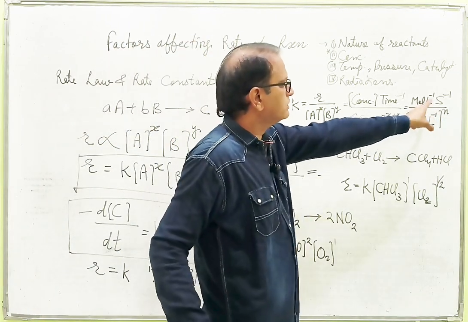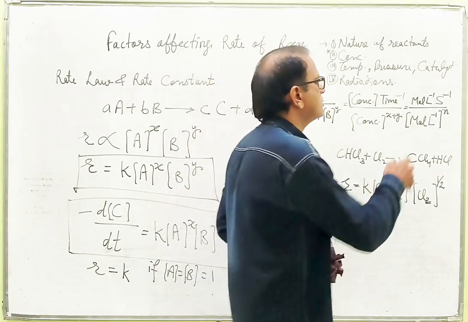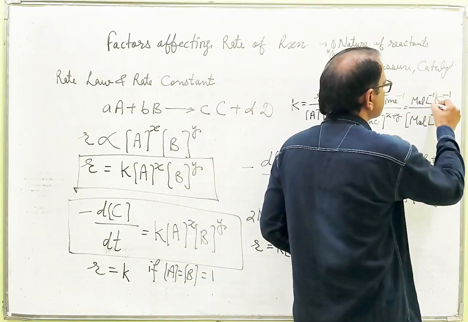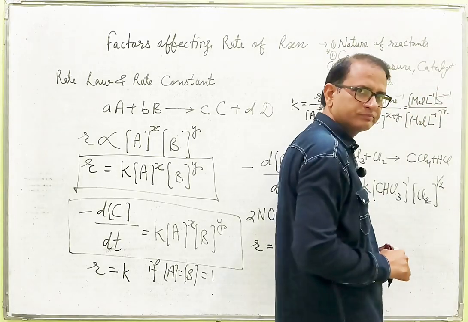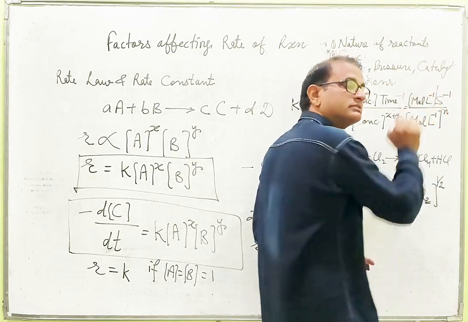So this is mole liter inverse, this is also mole liter inverse. So this is mole liter inverse raised to power 1 minus n.